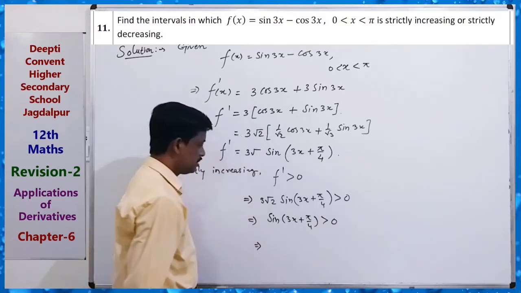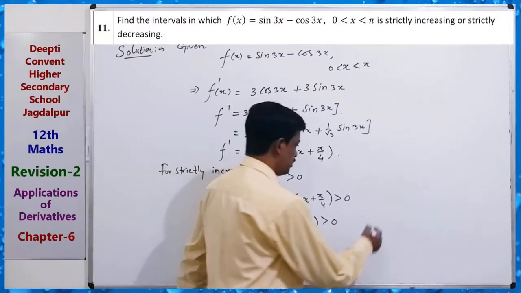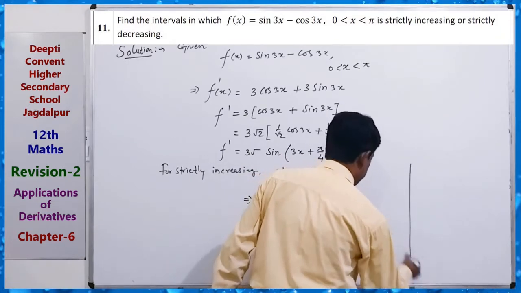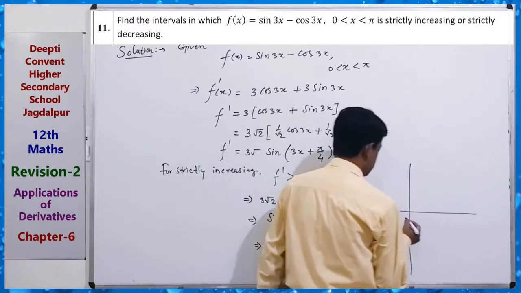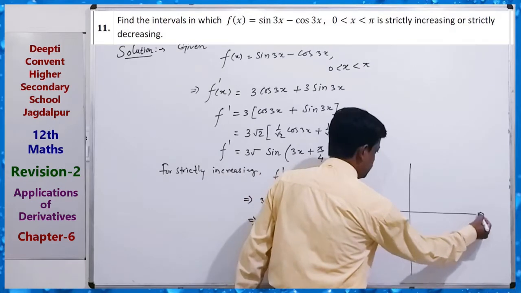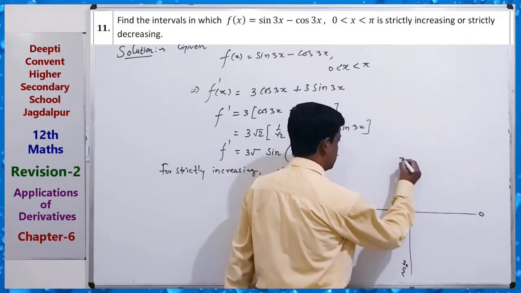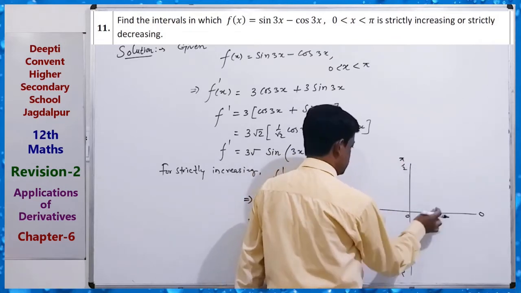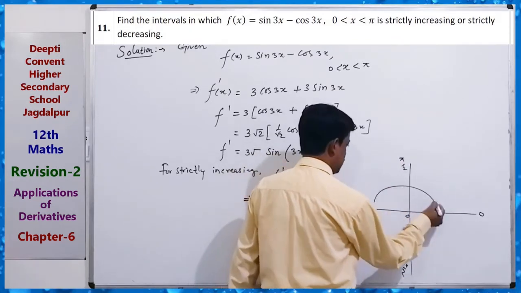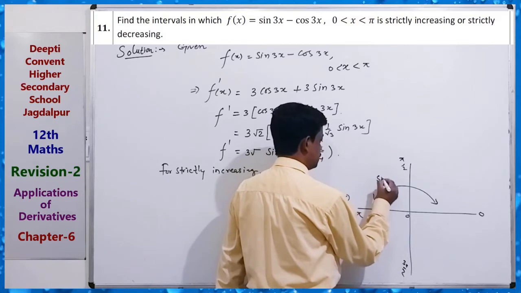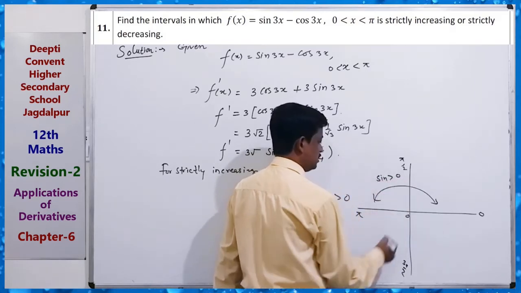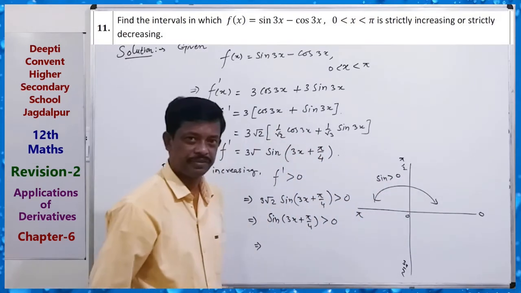Sine theta is greater than 0 in between what? We know this is 0, this is pi, this is 3 pi by 2, this is pi by 2. Sine is positive here, sine is greater than 0. Clear?